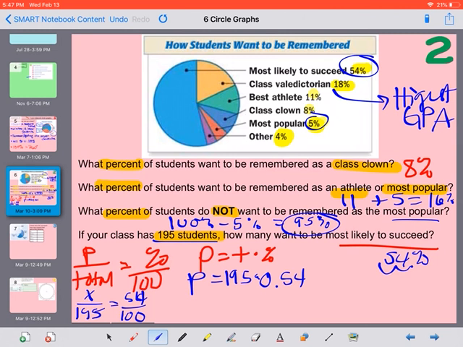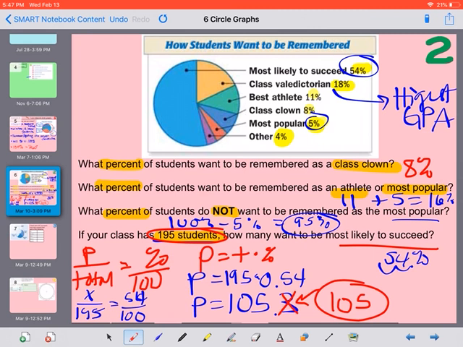Cross multiply. So when I solve this, 195 times 54 hundredths, we get 105.3. However, we're talking about students. We can't have 0.3 of a student.